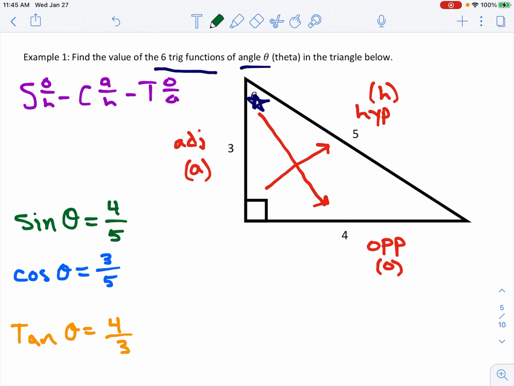Now, remember, to come up with the other 3, we want to go ahead and find the cosecant next. Well, if sine was 4 over 5, cosecant means it's flipped. It's 5 over 4.